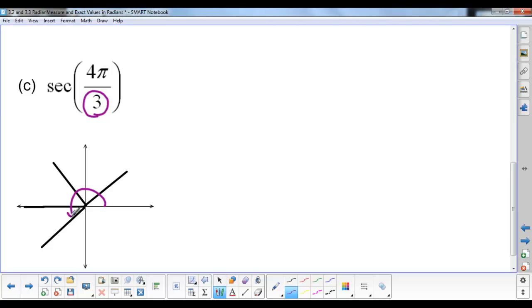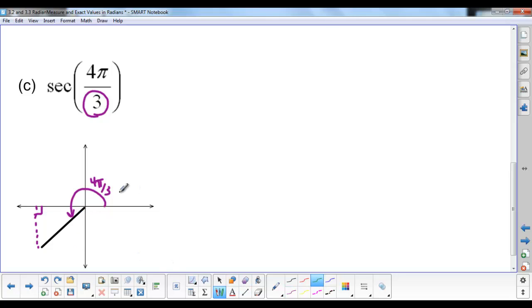So 4 pi by 3 is this far away from our initial position. So again, I'm just going to get rid of all of these extra lines. I just put them there, again, to help us count. So this was 4 pi by 3. Now again, we drop down that perpendicular line, and we need to find the related acute angle.